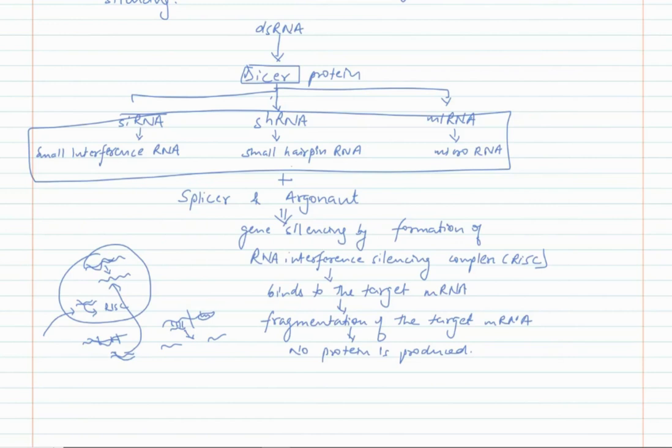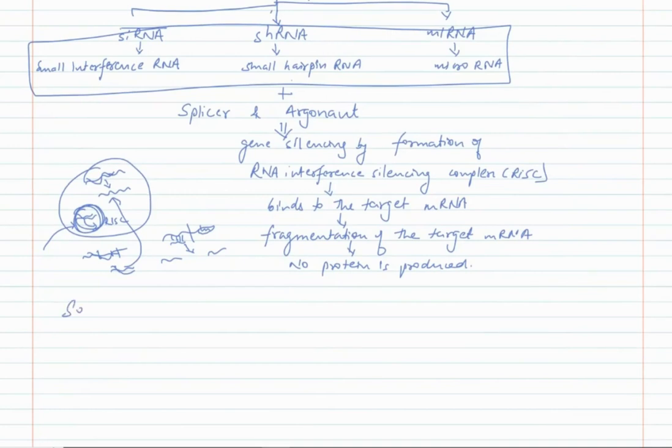Now, the source of this complementary double-stranded RNA could be an infection by plasmids or viruses which contain RNA genomes and are able to produce double-stranded RNA, or it could be transposons.